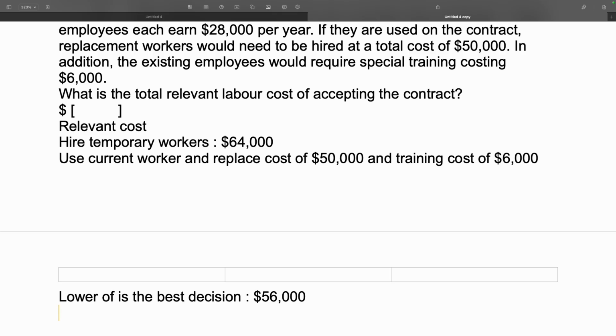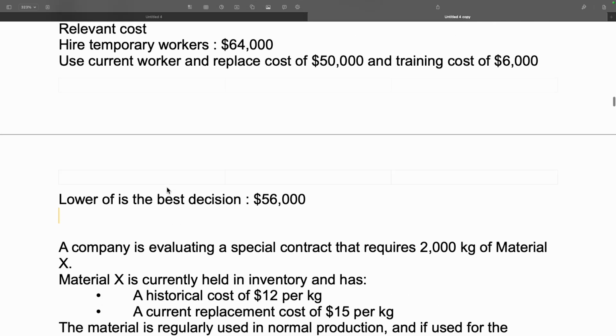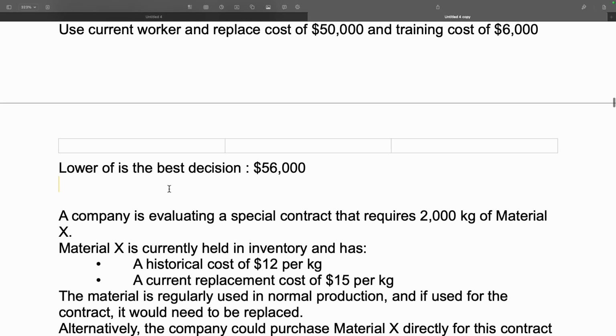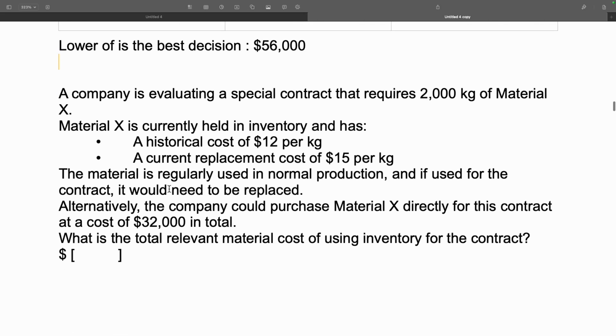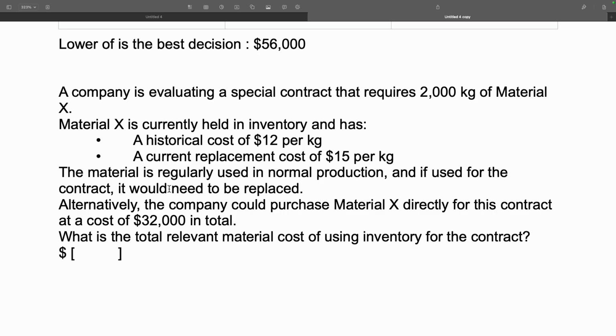Now, the next one that you got there, a company is evaluating a special contract that requires 2,000 kilograms of material X. Material X is currently held in inventory and has a historic cost of $12 per kg, current replacement cost of $15 per kg.